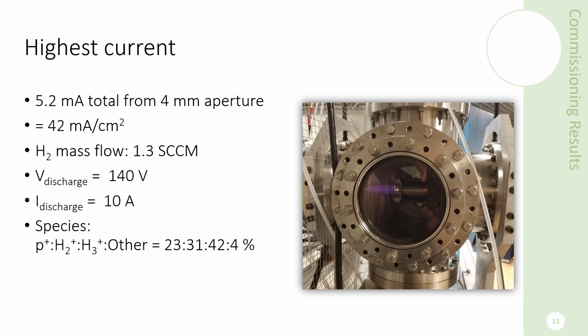Now coming to the commissioning results, our highest current so far was 5.2 milliamperes total from a 4 millimeter extraction aperture, which corresponds to a current density of 42 milliamperes per square centimeter. And you can imagine that we are planning on opening up this aperture a little bit more to reach our nominal goal to drive the cyclotron, which is actually 10 milliamperes of H2 plus.